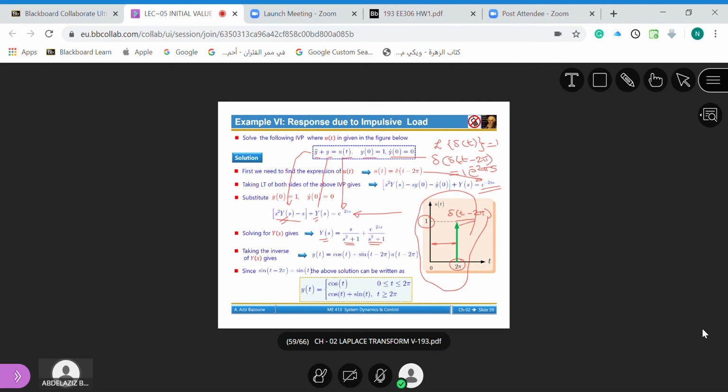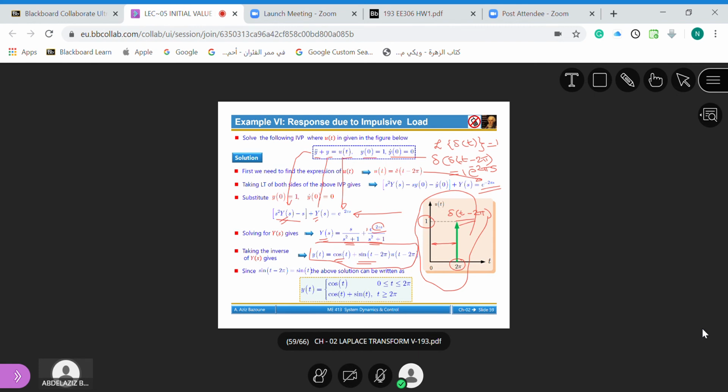The inverse Laplace transform of s over s squared plus 1 is cosine t. And then the inverse Laplace transform of 1 over s squared plus 1 is sine t, but since it is shifted by 2 pi, it will be sine t minus 2 pi times u t minus 2 pi. So this is the solution. You can write it like this.